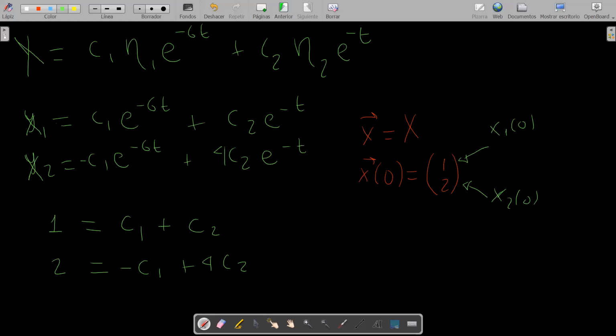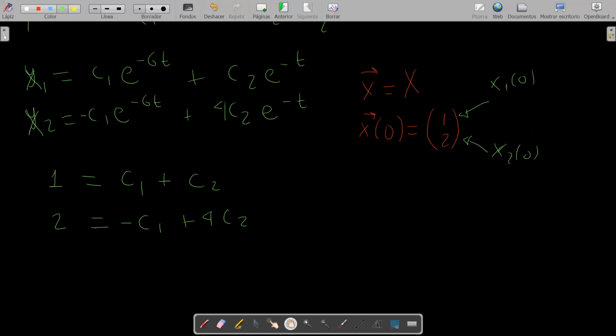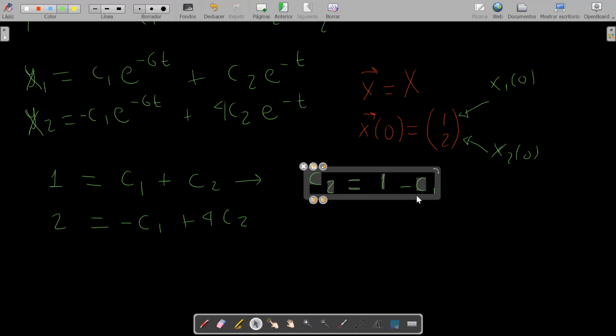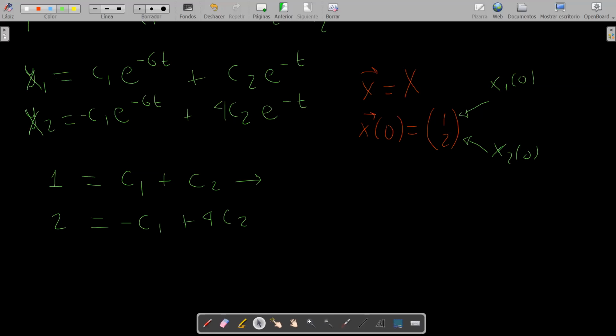Okay, now if we solve this equation, we can see that from here we can solve for C2. C2 will be 1 minus C1, or moreover, we can just eliminate C1.